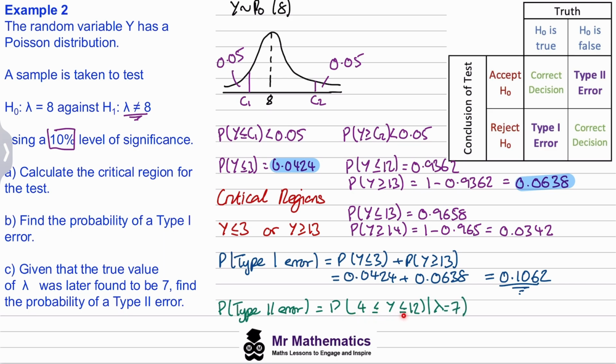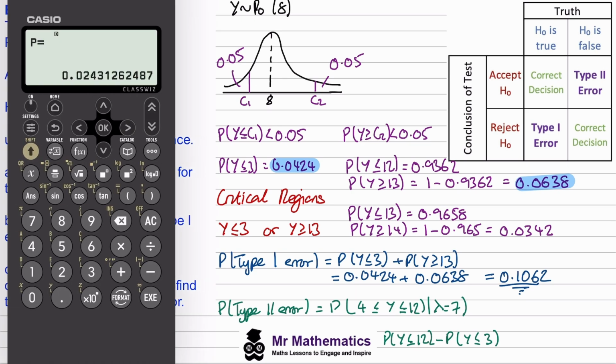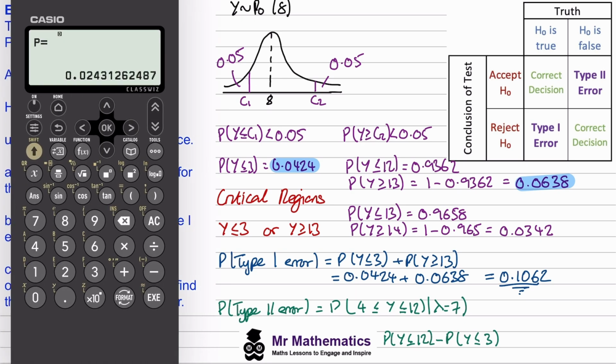We can work this out as the probability of Y being less than or equal to 12 minus the probability of Y being less than or equal to 3. If we go back to our calculators, we'll choose distribution. We want Poisson cumulative.